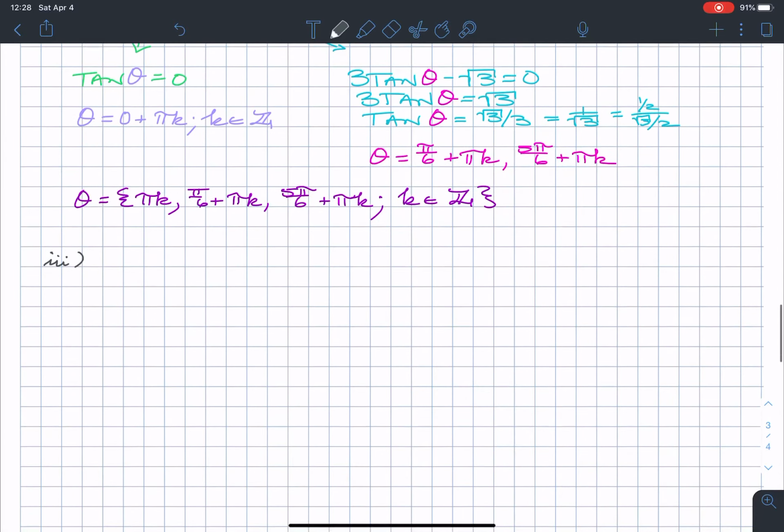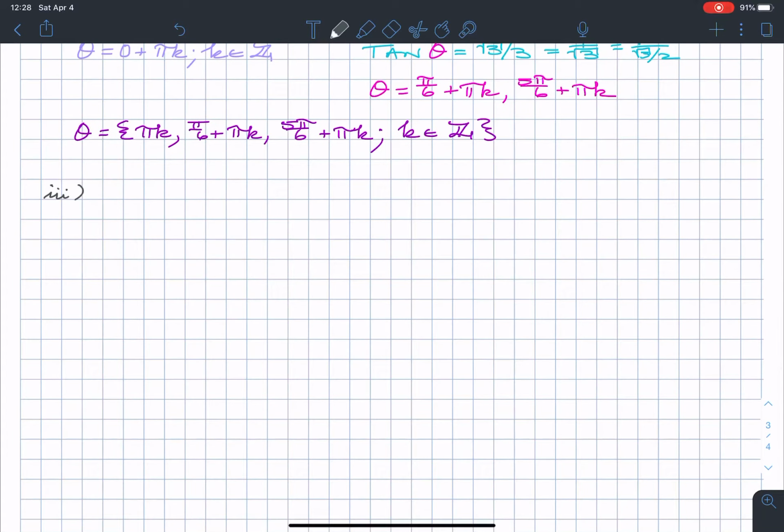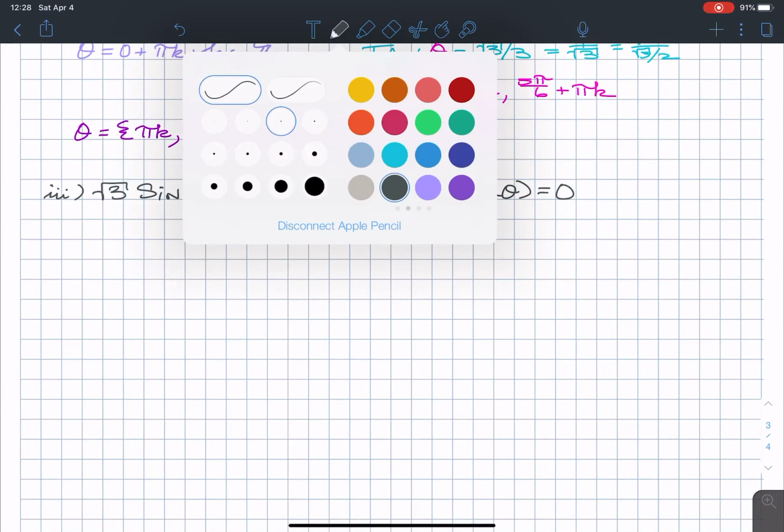Before we go on to the next subsection, let's say we have the square root of 3 times sine of 2 theta secant of 2 theta minus 2 times sine of 2 theta is equal to 0. Okay, so let me rewrite this.